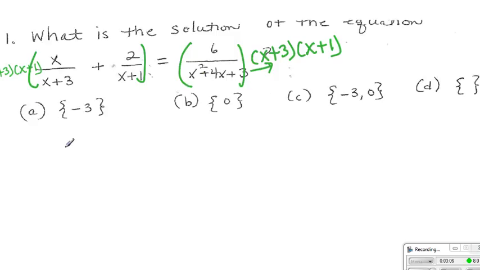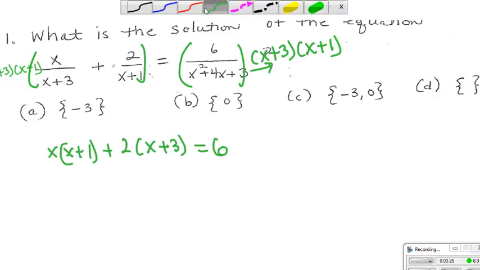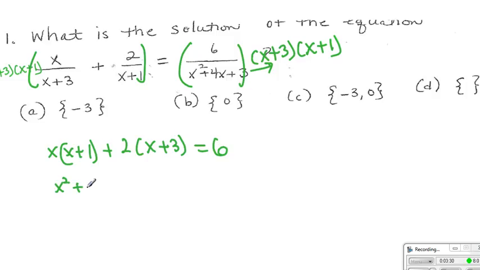Then what we end up getting is x times x plus 1 plus 2 times x plus 3, which is equal to simply 6. Once you distribute, we get x squared plus x plus 2x plus 6 equal to 6.